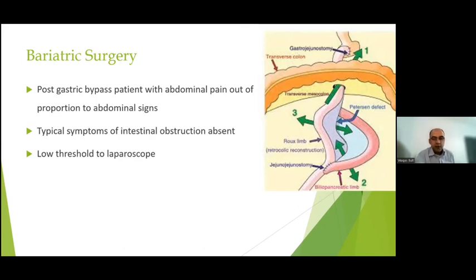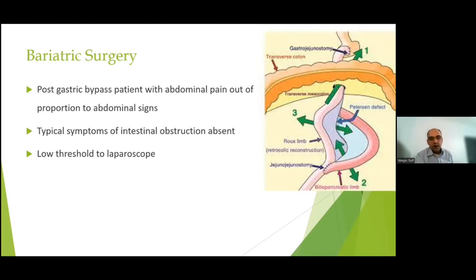And if that happens, usually patients will present with severe abdominal pain. And because it's usually the biliary limb that herniates, they might not have the typical signs and symptoms of small bowel obstruction. They might not be vomiting as such, and plain film abdomen might not show dilated loops of bowel like it does for a routine small bowel obstruction.